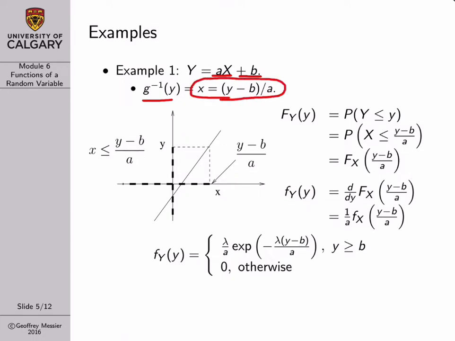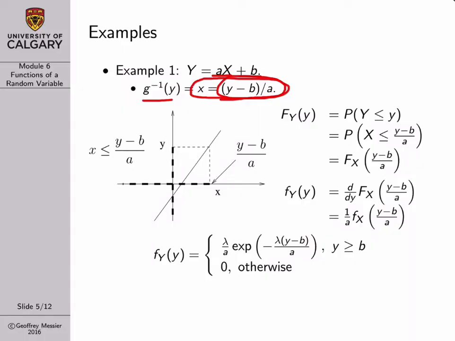The basic idea is to take the expression for the CDF of x, and everywhere you find a lowercase x, you replace it with y minus b over a. Now, it turns out that we are going to have to consider two cases: one for when a is positive, and the other for when a is negative, because that will define different slopes for our line, and we have to treat them in a slightly different way.